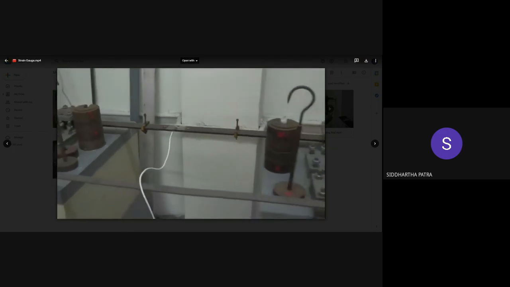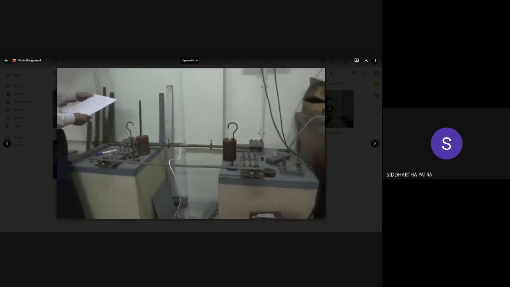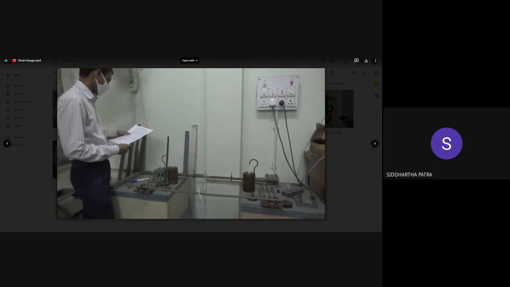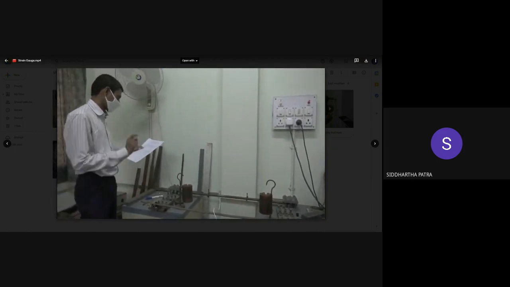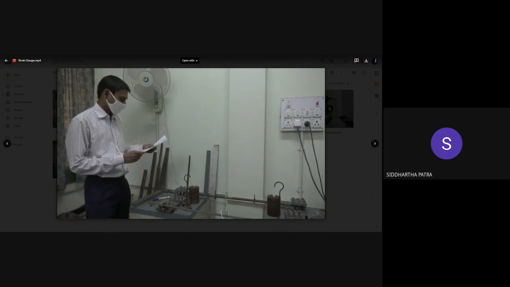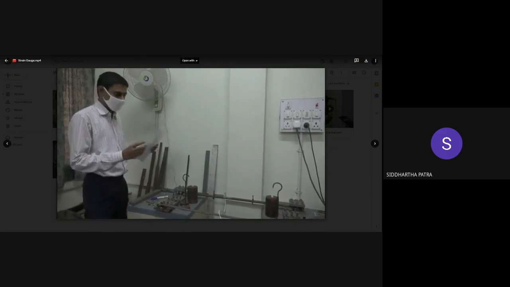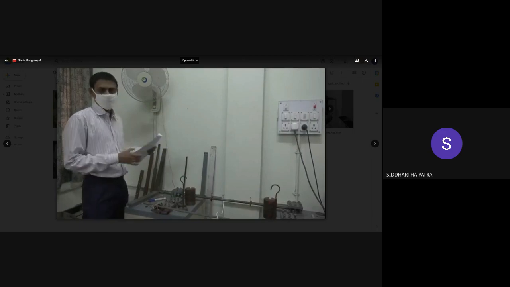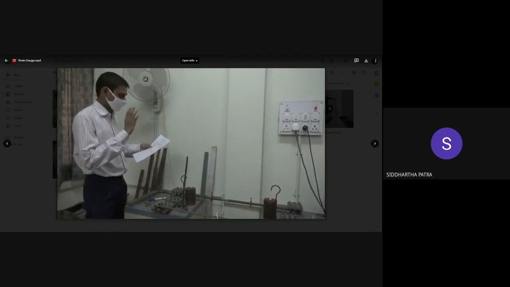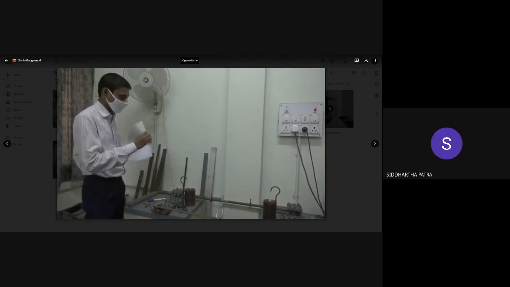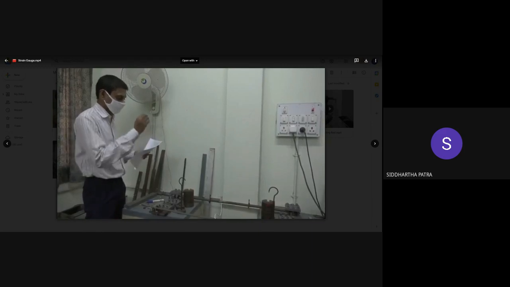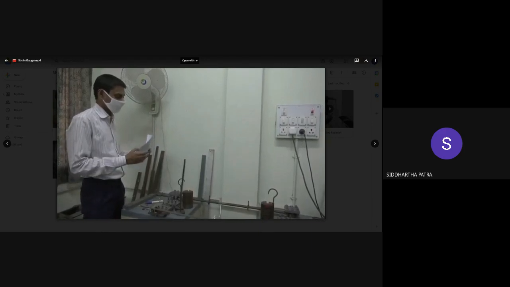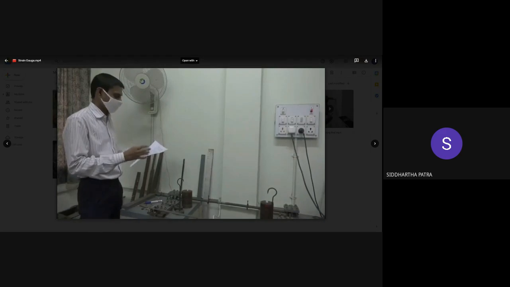So, what is a strain gauge? As discussed in the theory, a strain gauge is a kind of transducer where, on the increment or decrement of the length of the electric resistance gauge, the induced voltage differs.